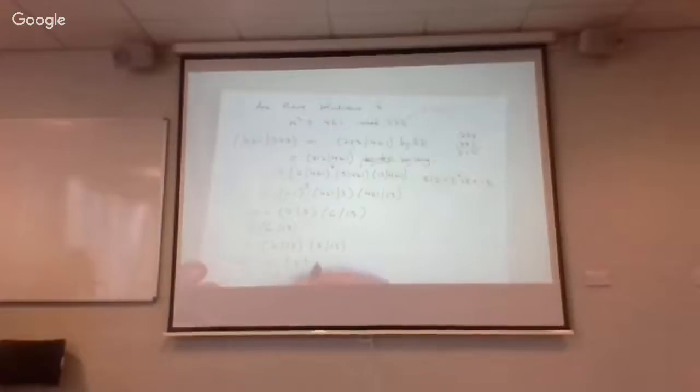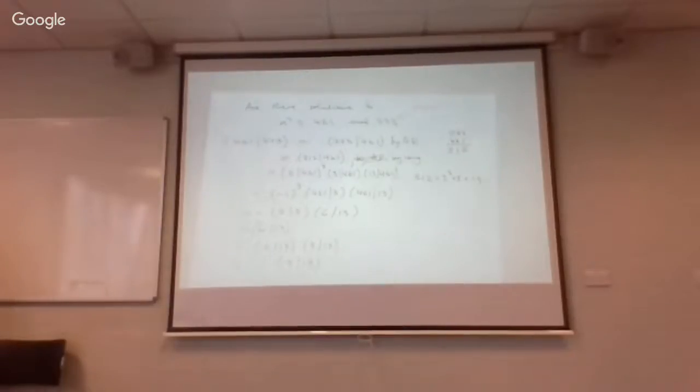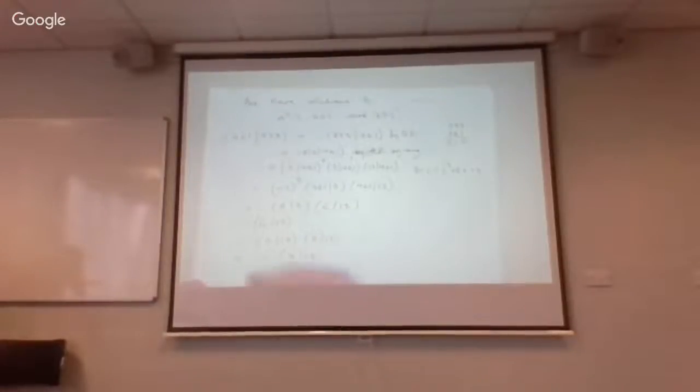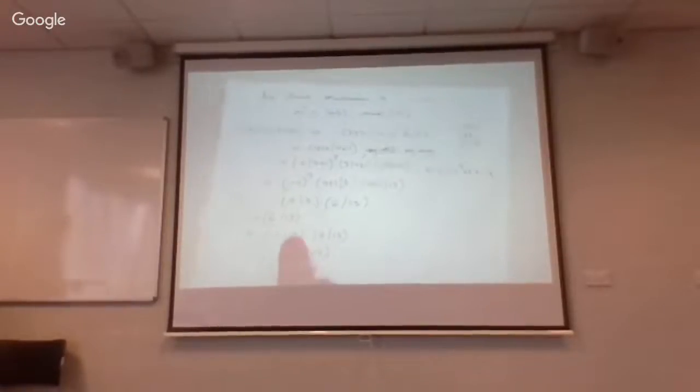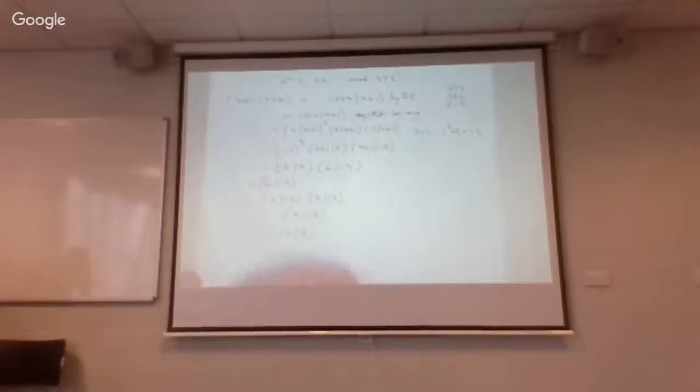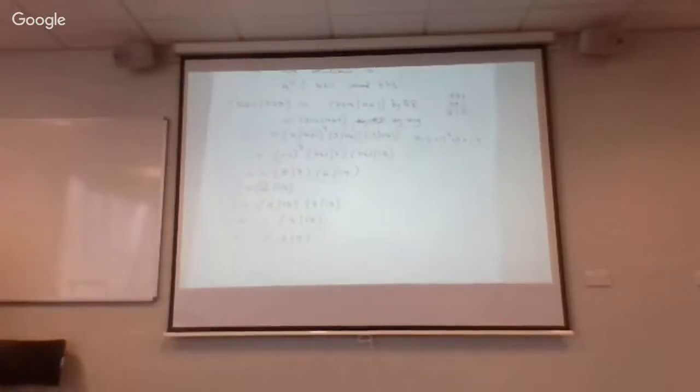But for (3/13), we can do quadratic reciprocity again. 13 is congruent to 1 modulo 4, so it flips, and I don't need the extra minus sign. I've got a minus sign here, which came from (2/13). Then reduce 13 modulo 3, it's 1.